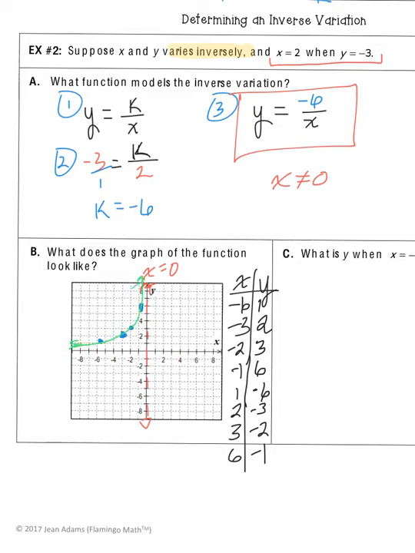All right, and then on the other side, I've got positive 1, negative 6, 2, negative 3, 3, negative 2, 6, negative 1. And so we get this curve here.